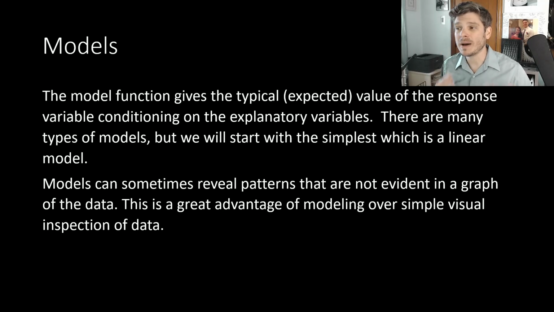Now, when our modeling function gives us our expected response, like I said, there are many different types of models. We're going to stick with linear models to begin with because the whole reason we do this modeling is that they can sometimes reveal patterns that aren't necessarily evident in the graph of the data. We can have a scatter plot, and the ones we've looked at are kind of obvious that there's some sort of pattern in there.